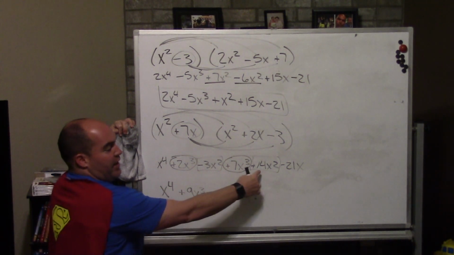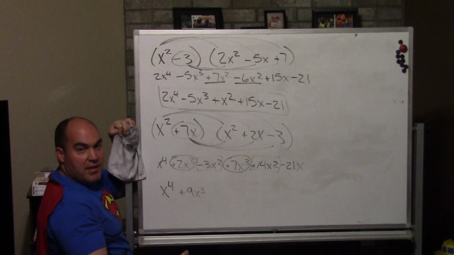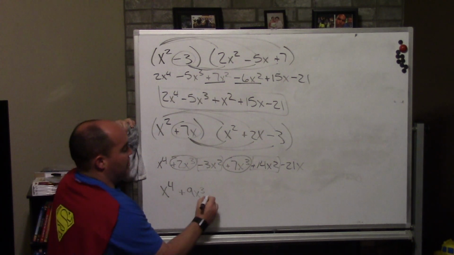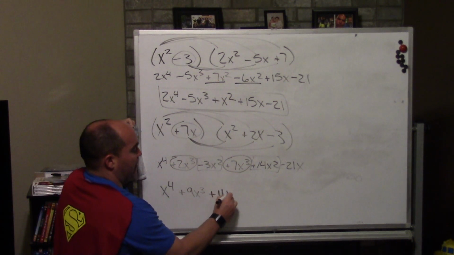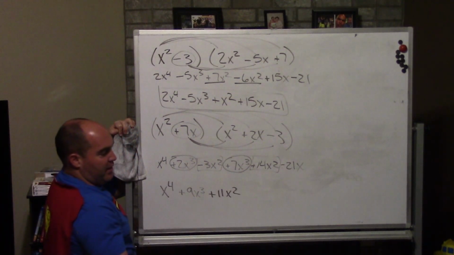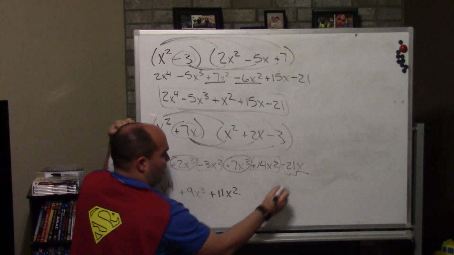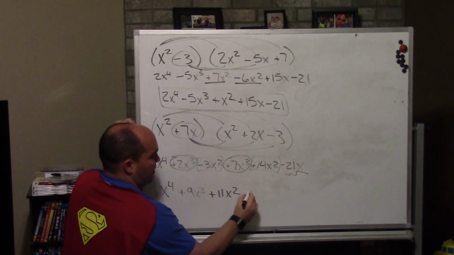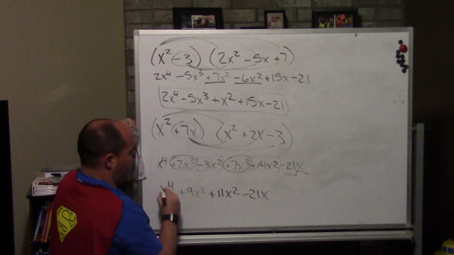So a negative 3 and a positive 14, it's the same thing as 14 minus 3. So that's just 11x squared. And then the last thing I have left is just my regular old x term, which is minus 21x.